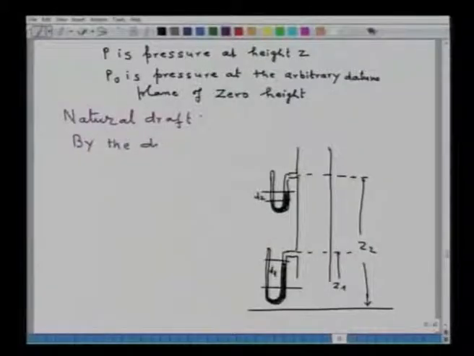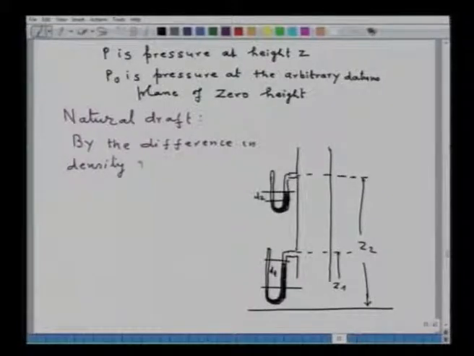So let us now consider natural draft. Natural draft is created by the difference in density of gases.